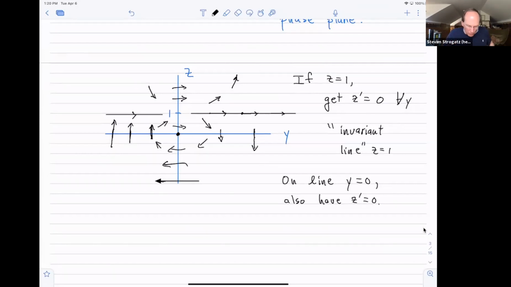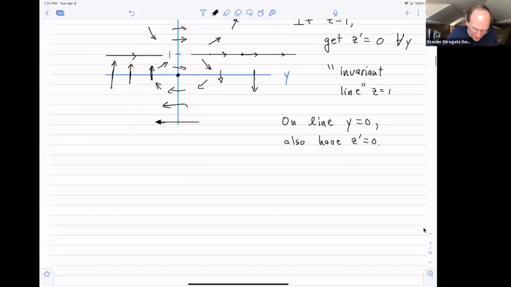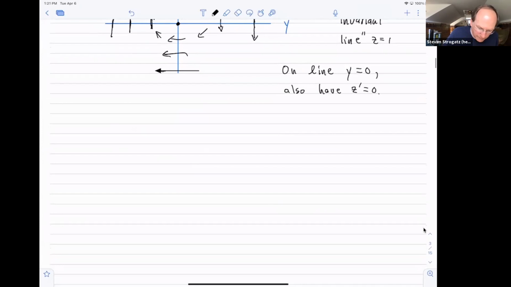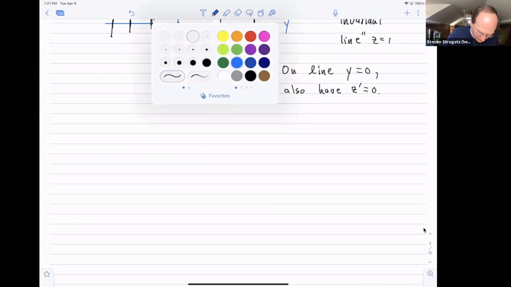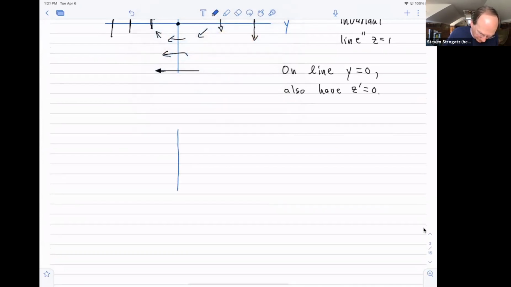All right, so let's try to sketch a typical trajectory. I'm going to redraw the picture down here. All right, so here we are, y and z. It's convenient to put in that invariant line immediately.